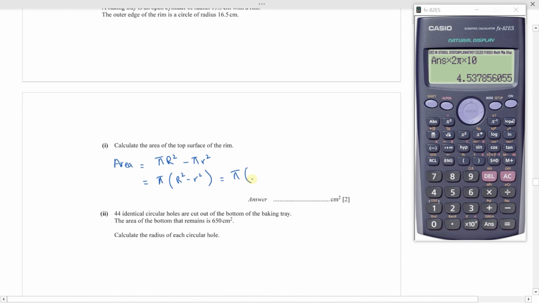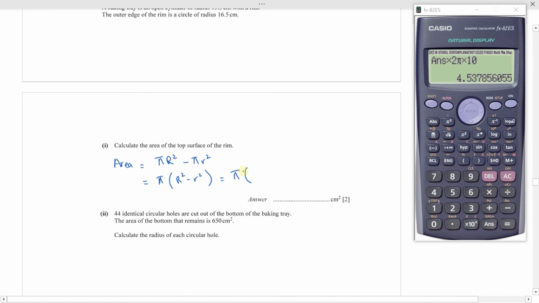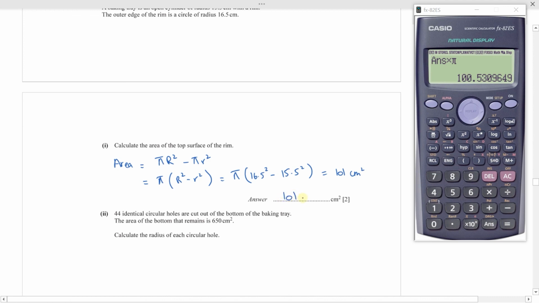The larger radius is 16.5 and the smaller is 15.5, so this will be pi into (16.5 square minus 15.5 square). 16.5 square minus 15.5 square is 32, and then I multiply it by pi. So this is 100.530. Up to three significant figures, this will be 101 centimeter square, which is the area of the top surface of the rim.